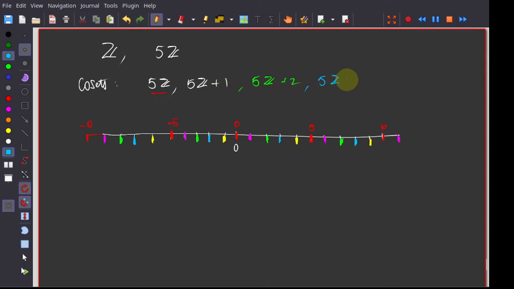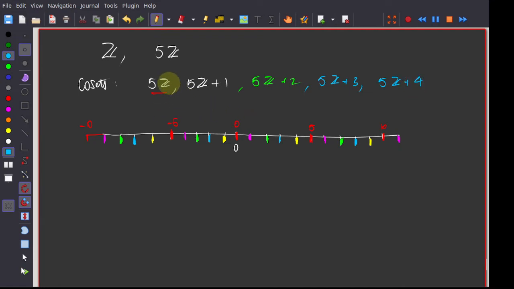So basically I can write Z as a union of 5Z, 5Z plus 1, 5Z plus 2, 5Z plus 3 and 5Z plus 4.